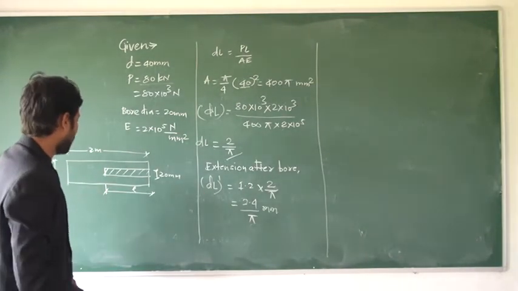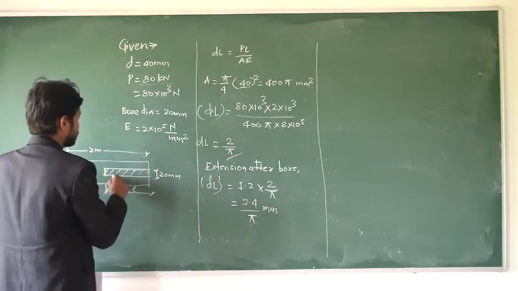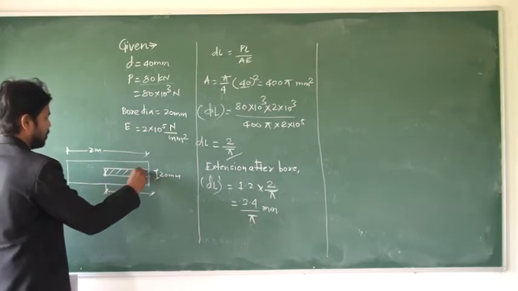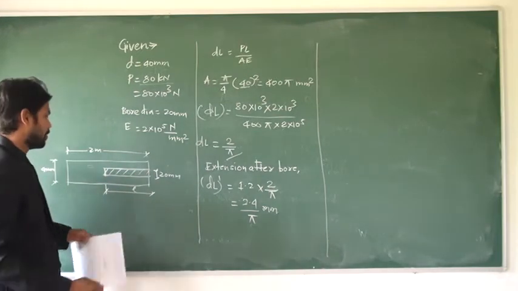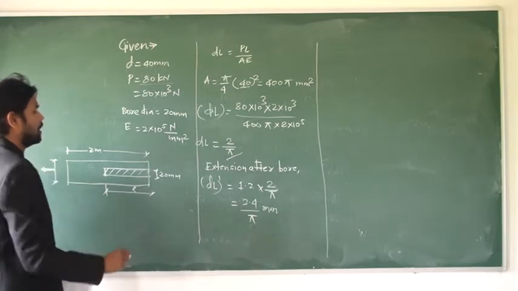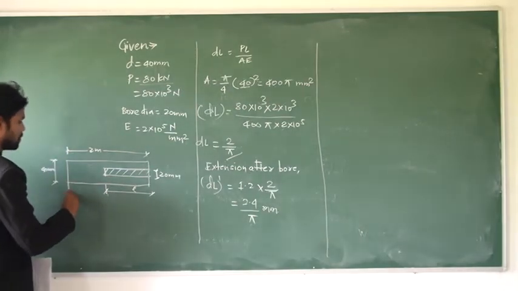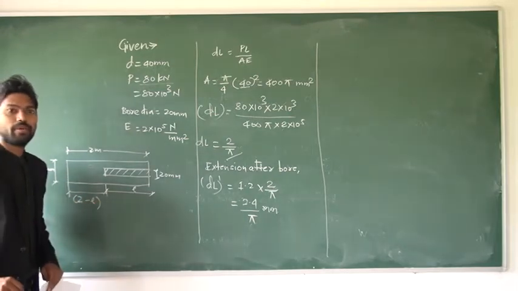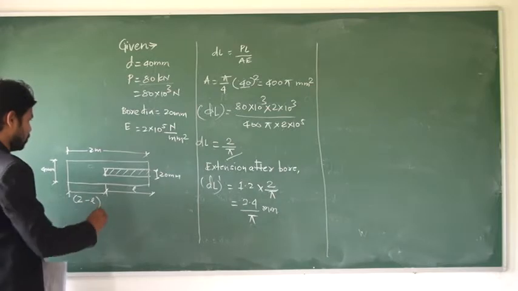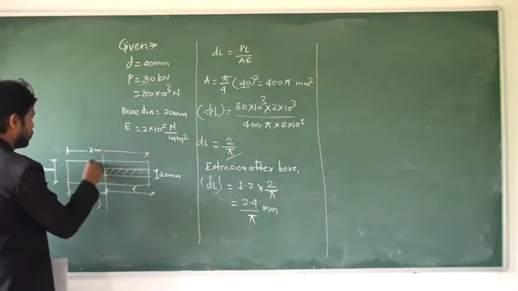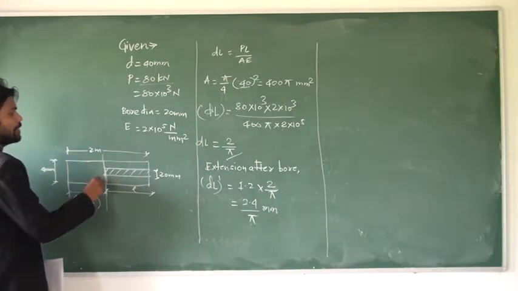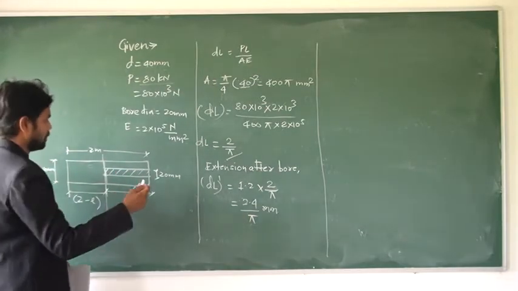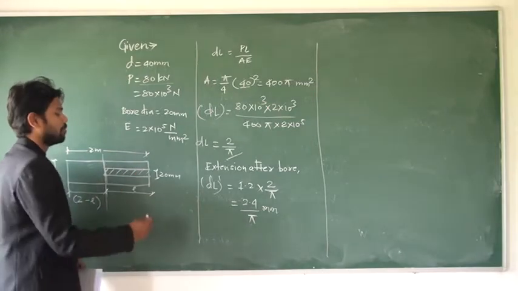But as per our formula, how will we calculate the extension after this bore? Now see, this is the diagram of the bar when the central hole was there for a distance L. So the remaining distance will become 2 minus L. Now this rod will be divided into 2 parts, where one part is completely solid and the second part is hollow, having a central hole of 20 mm diameter.